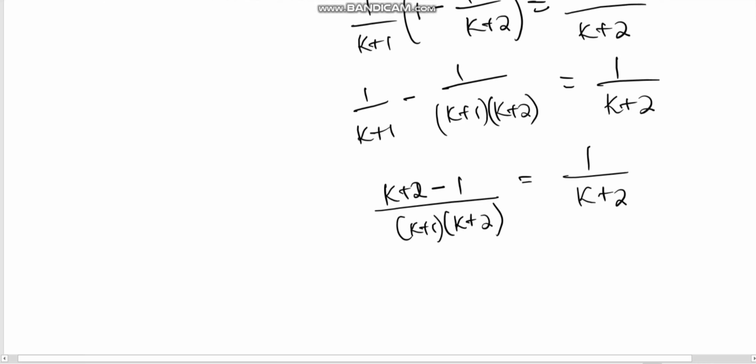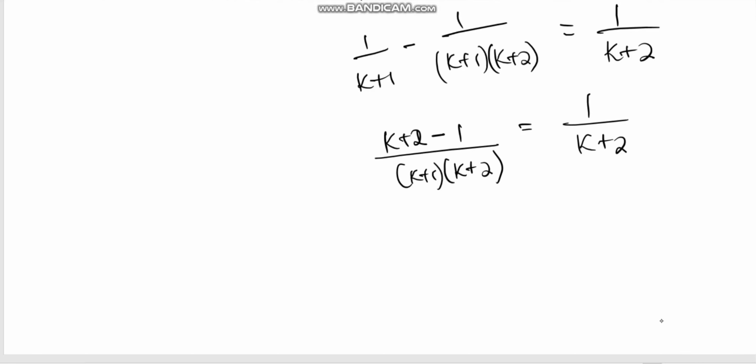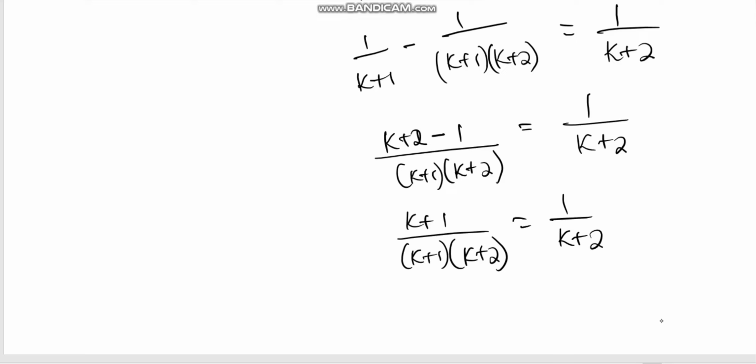So we go ahead and simplify this expression further. So 2 minus 1, we're simply going to have 1 there. So I have k plus 1 divided by k plus 1, k plus 2 like this, being equal to 1 over k plus 2 like this here.